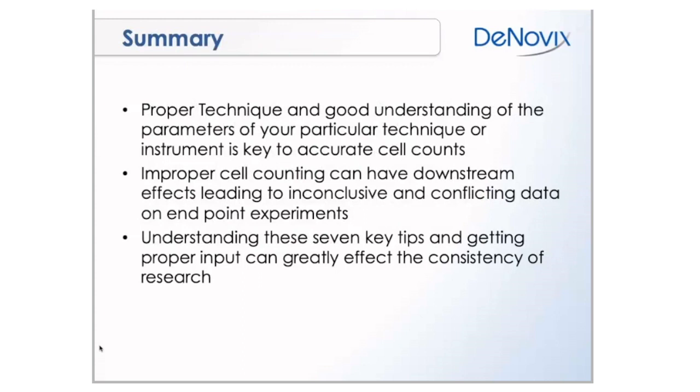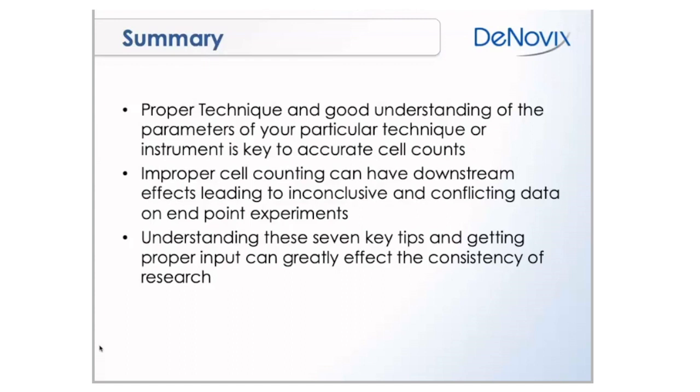Okay, so that is the summary. Proper technique and good understanding of parameters, things like exposure and focus, are key to getting accurate cell counts. Improper cell counting really does have downstream effects.